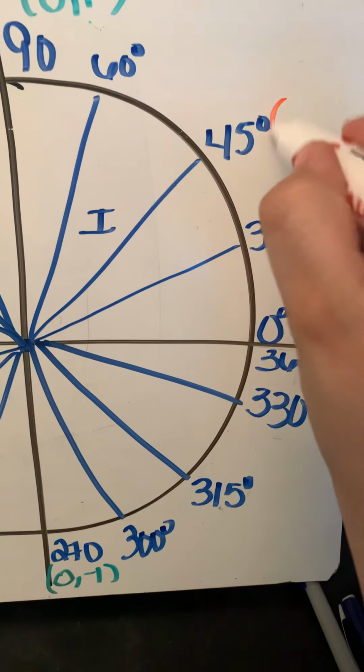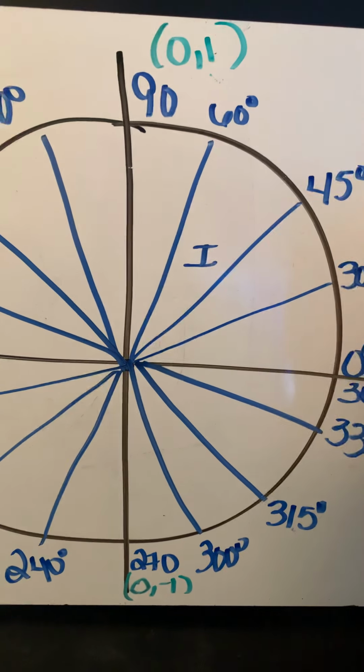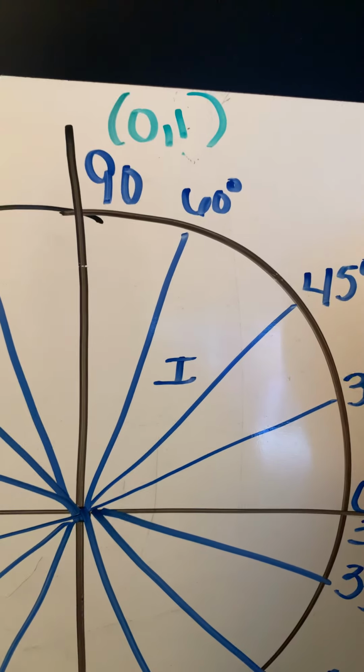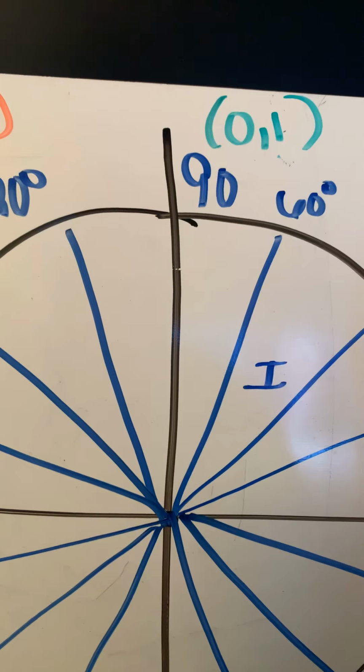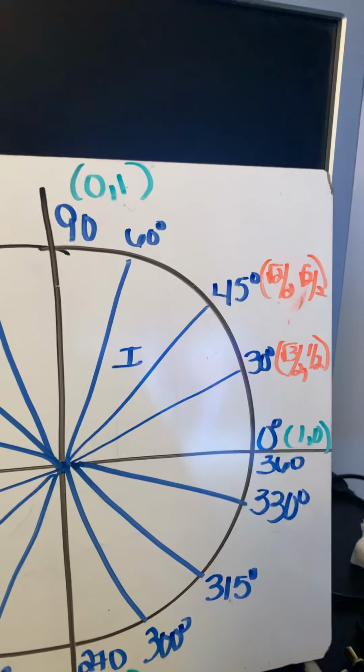The 45s are so unbelievably easy, because what are the only ratios you're given in a 45, 45, 90? The root 2 over 2s. So no matter what, your cosine and your sine are going to be the same.